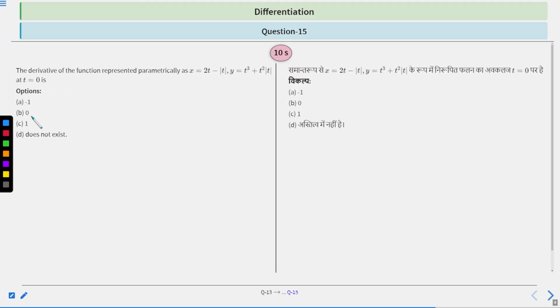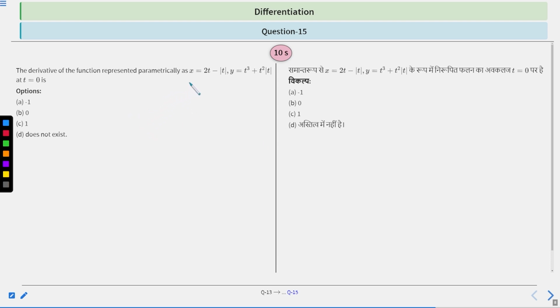Let's move to the next question. Question number 15, which says the derivative of the function represented parametrically as x is equal to 2t minus mod t and y is equal to t cube plus t square mod t at t equal to 0 is. So we have to take the derivative of this function.